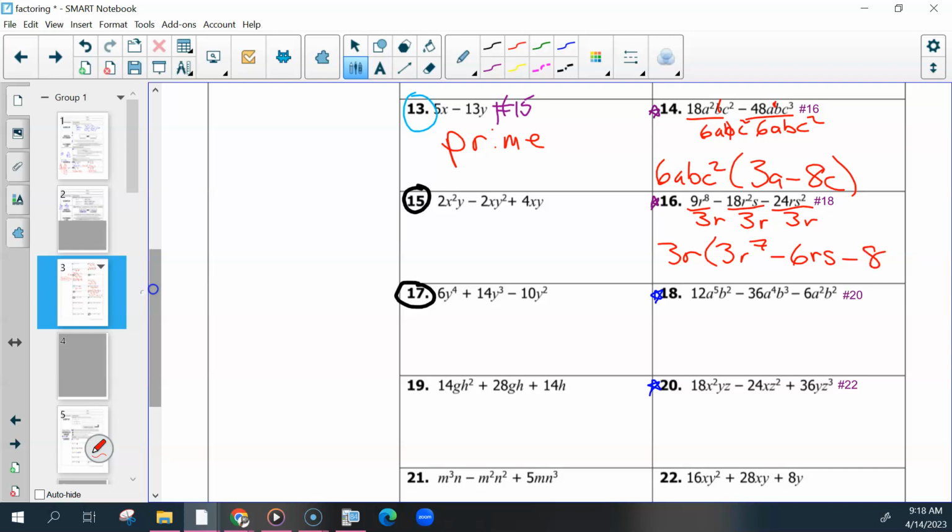Yep, 8S. So it's weird because it still has a lot of numbers and exponents, so you think it can be simplified more or divided out more. But these 2 are the only ones with R's. These 2 are the only ones with S's. These 2 can be divided by 3. These 2 can be divided by 2. So there's nothing in common.